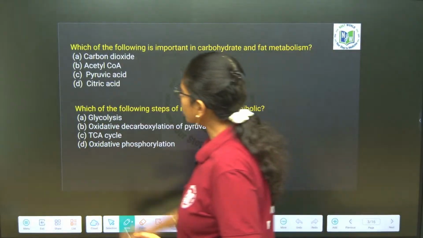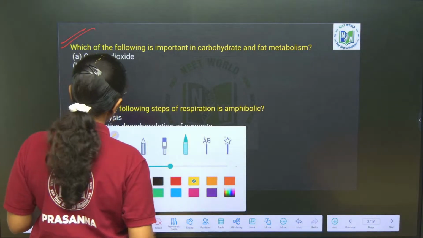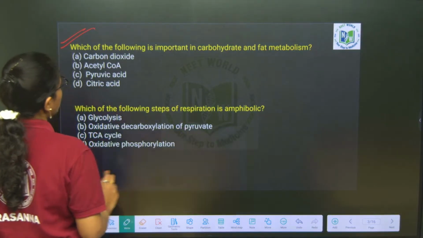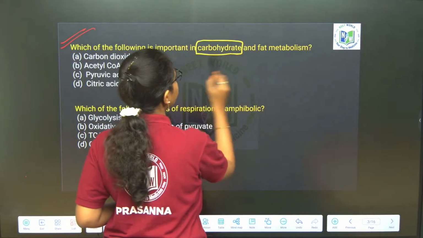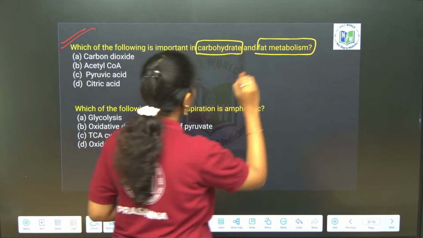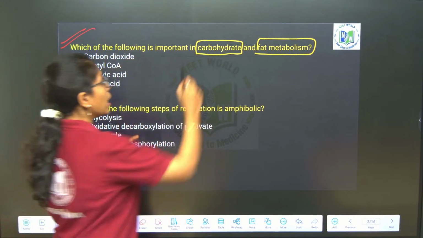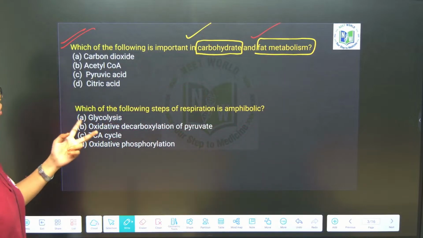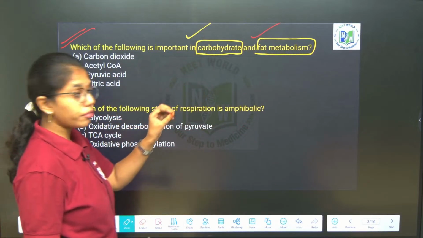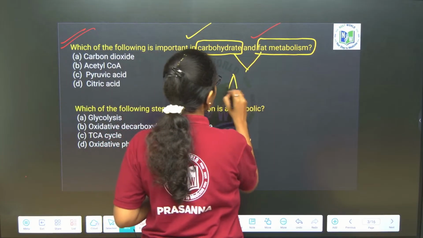First, if you look into this question, beta: which of the following is important in carbohydrate and fat metabolism? In this question he is asking which is important both for carbohydrate metabolism and fat metabolism. The important intermediate for carbohydrate and fat metabolism together is what? Acetyl-CoA.